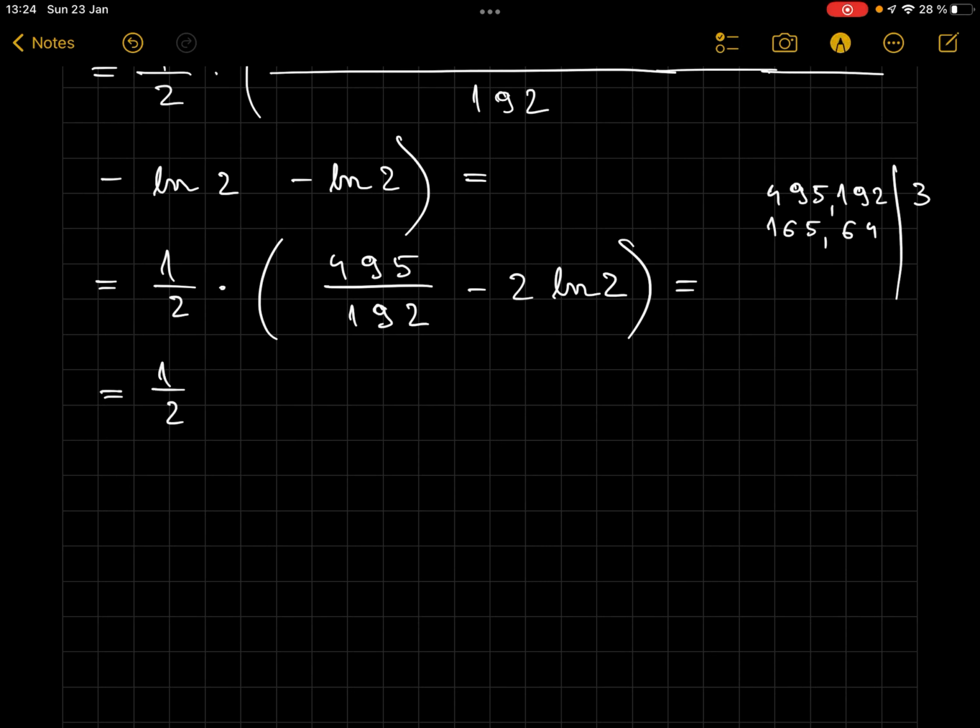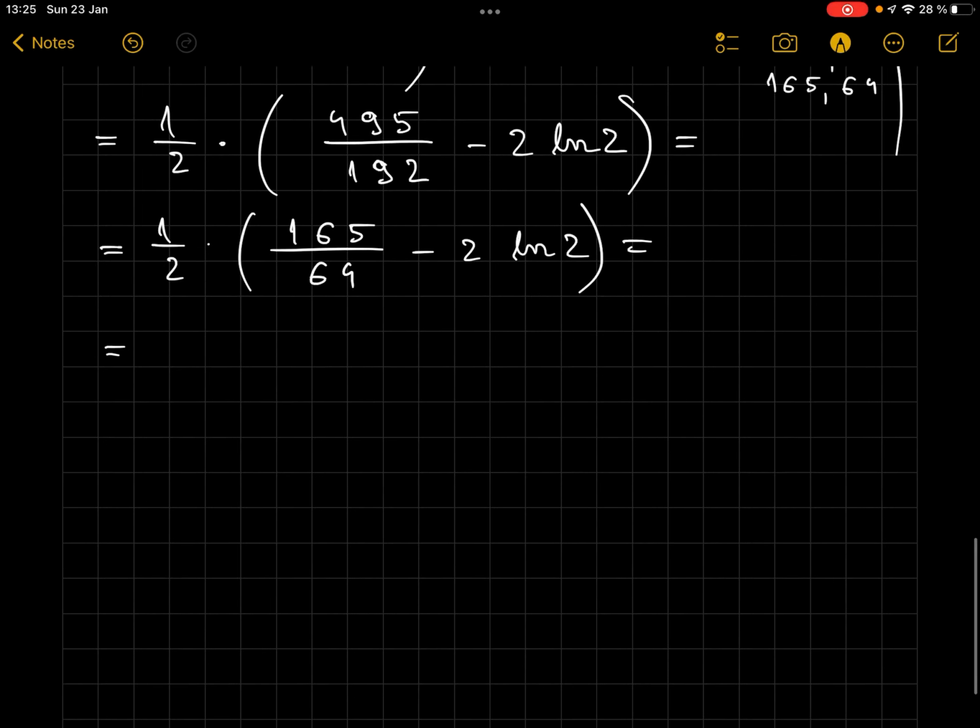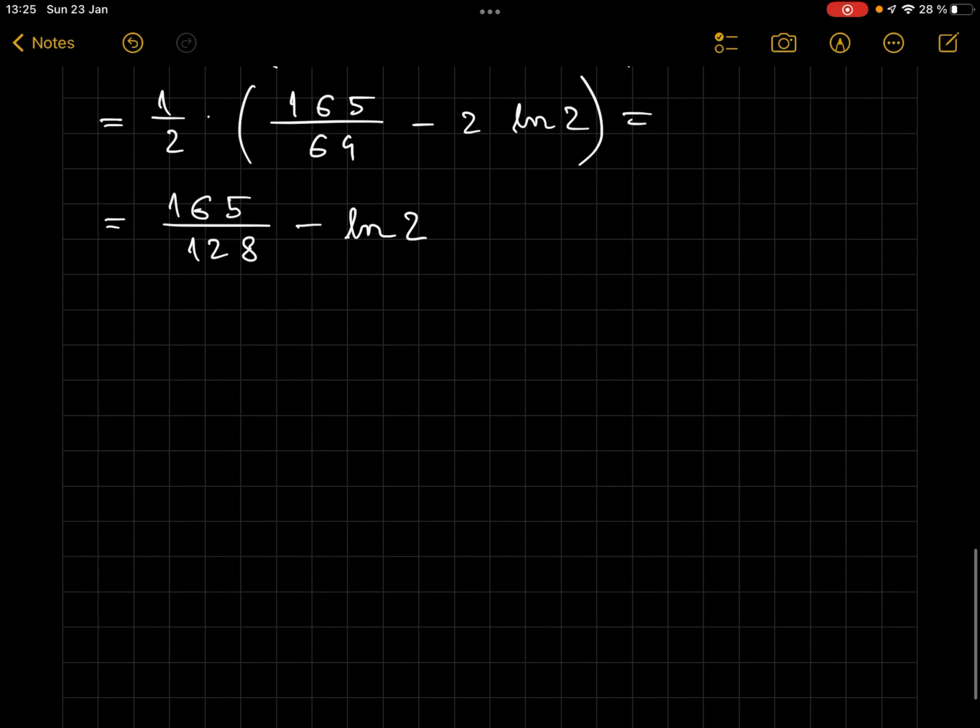Which is the same then as 1/2 times 165 divided by 64 minus 2 ln 2, which is the same as 165 over 128 minus ln 2.